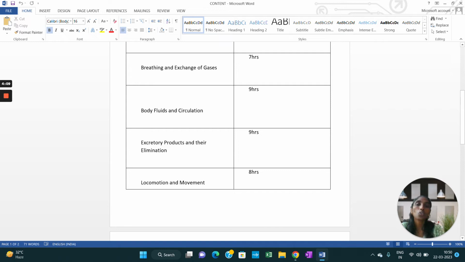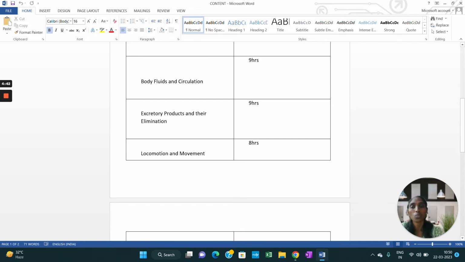Here we are going to learn about the general structure of the kidney and how glomerular filtration takes place, what is the GFR, and how reabsorption takes place in the PCT, DCT and CD, because the CD is involved in the concentration of urine, and finally that will be released by the process called micturition. All this process we are going to discuss in this lesson only. That carries 9 hours.